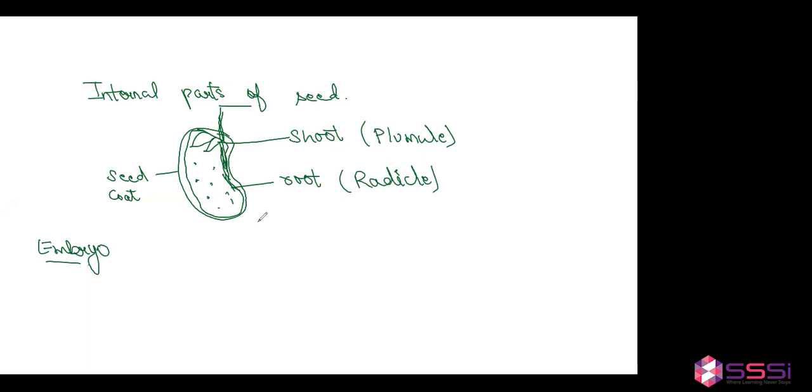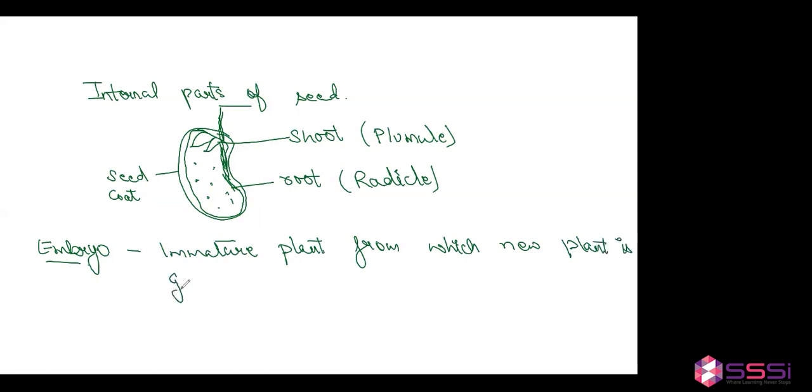So embryo is the immature plant from which a new plant is grown.